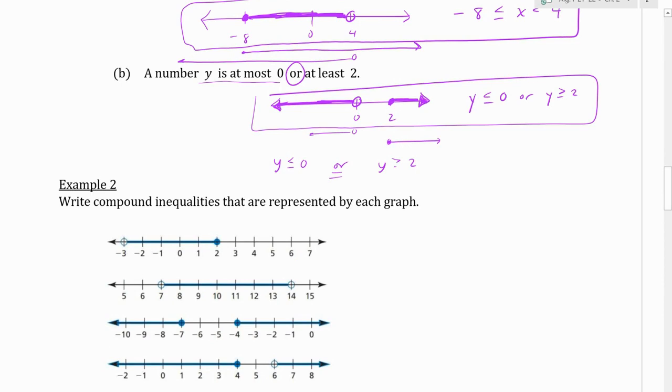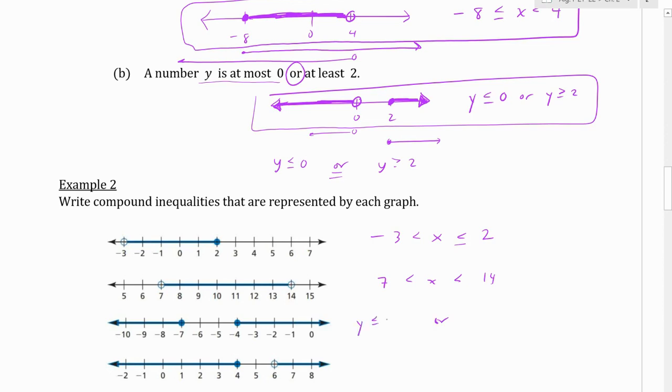Okay, right. Compound inequalities represented by each graph. This one we're in between negative 3 and 2. Put less thans. Don't include the negative 3. Do include the 2. This one I'm in between 7 and 14. Don't include either end. Two different spots. This is going to be the word or.